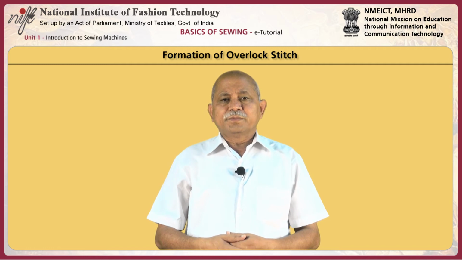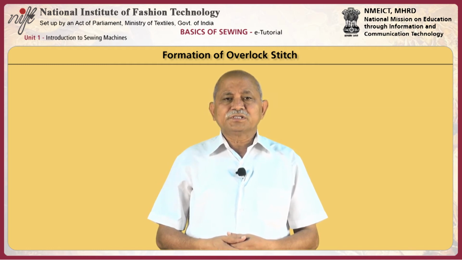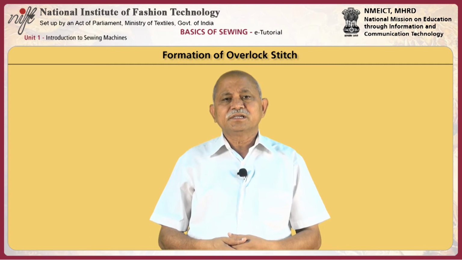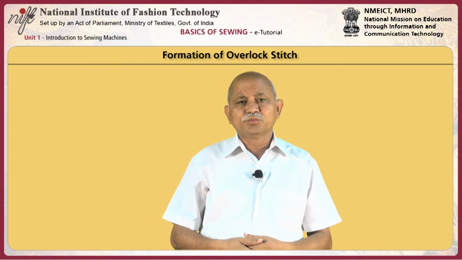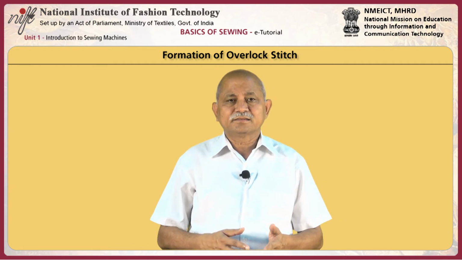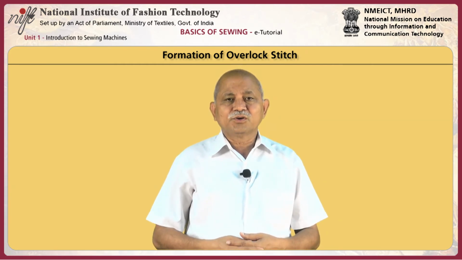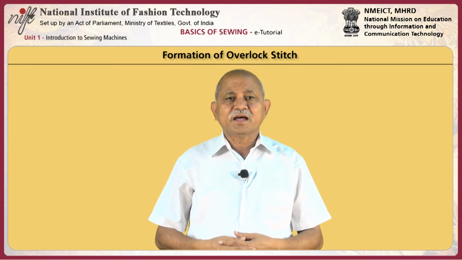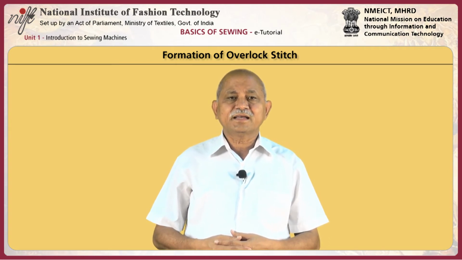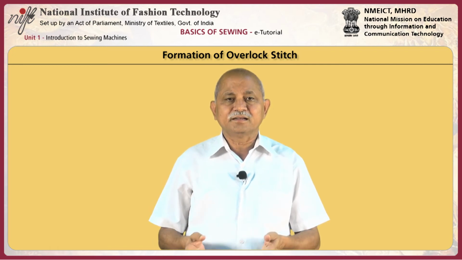When the needle penetrates the fabric, a loop is formed in the thread at the back of the needle. As the needle continues its downward motion into the fabric, the lower looper begins its movement from left to right. The tip of the lower looper passes behind the needle and through the loops of thread that have formed behind the needle.